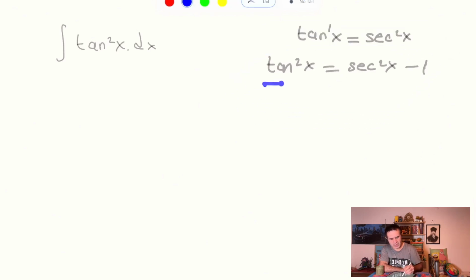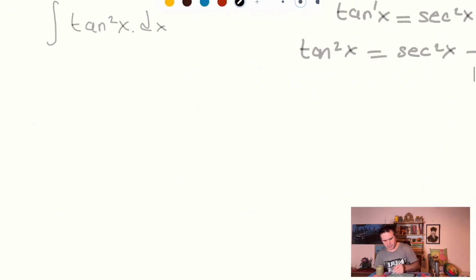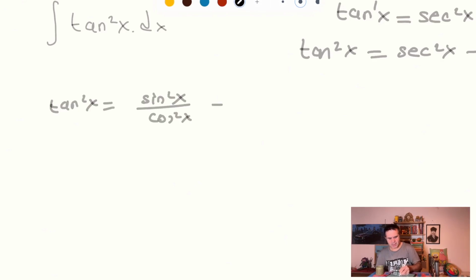If you forget that tangent square of x is secant square of x minus 1, you can do this. Tangent square of x is equal to sine square of x over cosine square of x. And sine square of x is equal to 1 minus cosine square of x. Then divide by cosine square of x.